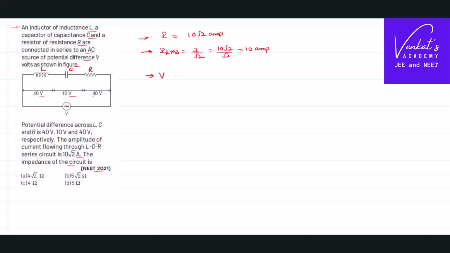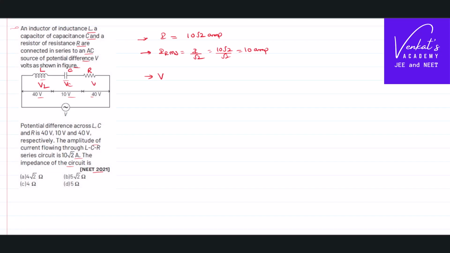You know the inductance and capacitance are always in opposite phase. Say this is VL, this is VC, this is VR. As inductance and capacitance are in opposite phase, VL and VC are opposite and their resultant is perpendicular to VR, that's the voltage across the resistance.